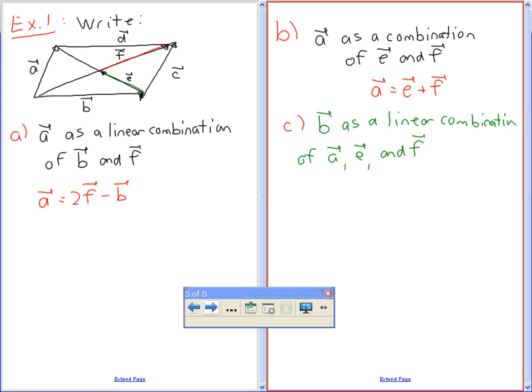I added A, I subtracted E, I added F, and then I subtracted A. So B equals A minus E plus F minus A. You see how I got that, right? Just around the outside. I can write that in either way. What's A minus A? 0A. Nothing, okay? So I can just write this as F minus E. So B is going to be F minus E, right?